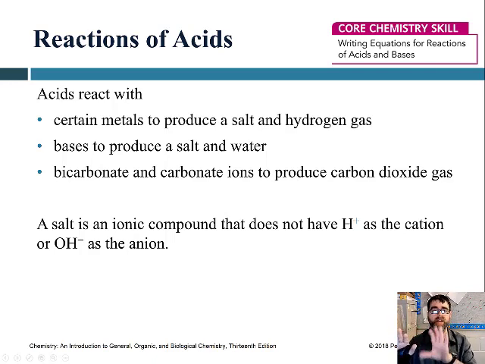Because acids are made up of hydrogens and bases of hydroxides, those hydrogens and hydroxides come together to form H2O, and then the other halves of the acid and base, the cation from the base and the anion from the acid, combine together to produce a salt. And then also they'll react with carbonates and bicarbonates to produce carbon dioxide. This is your classic baking soda and vinegar reaction.